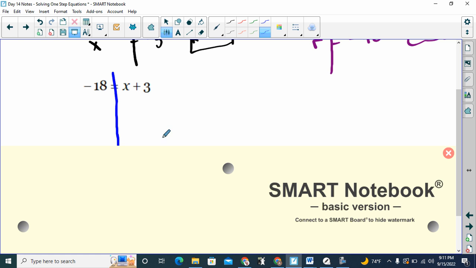We draw our vertical line straight down. We want to subtract 3 from x to cancel out that plus 3. When I subtract 3 on this side, I need to subtract 3 over here as well. And again, we need to combine integers correctly here. Negative 18 minus 3 is negative 21.